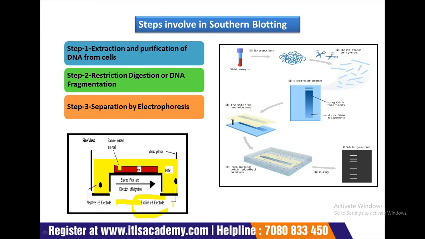This one is the positively charged anode. The distance moved depends upon its size.